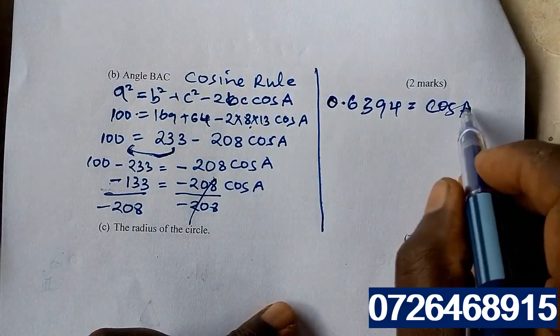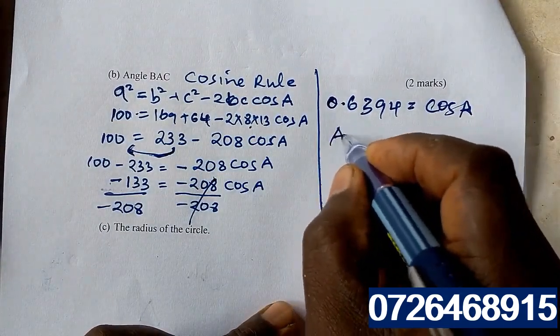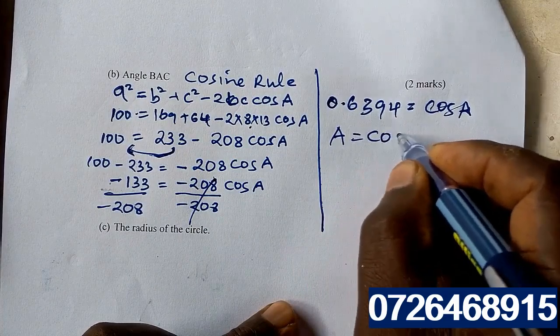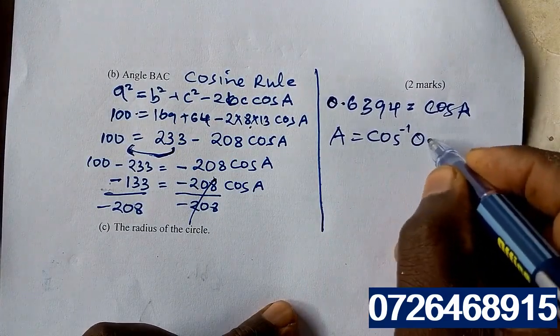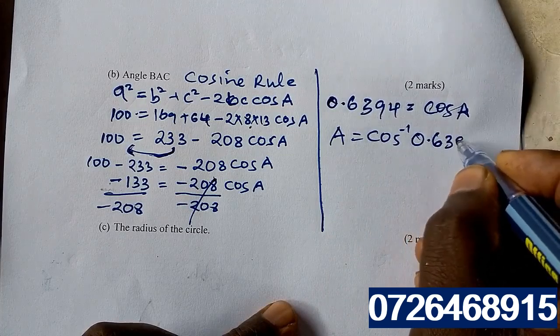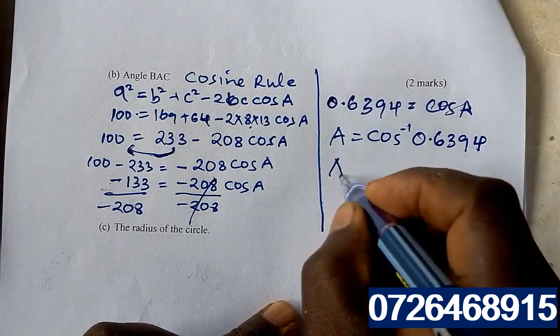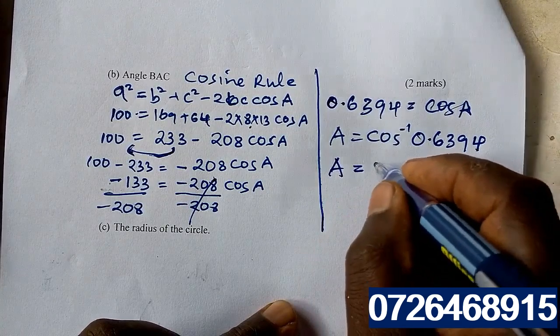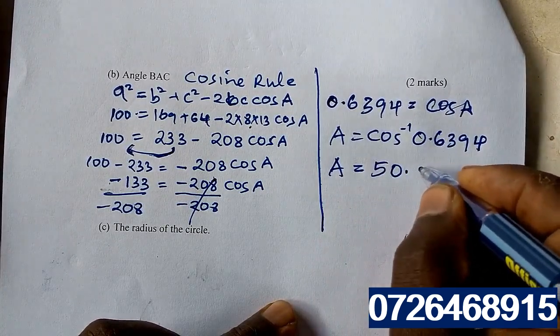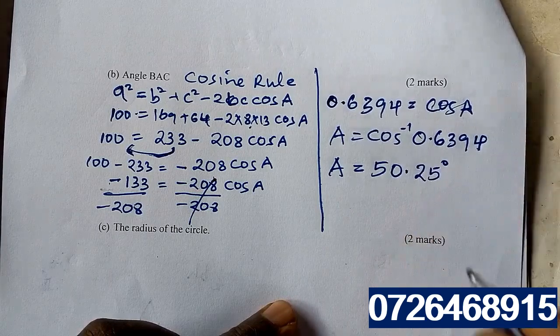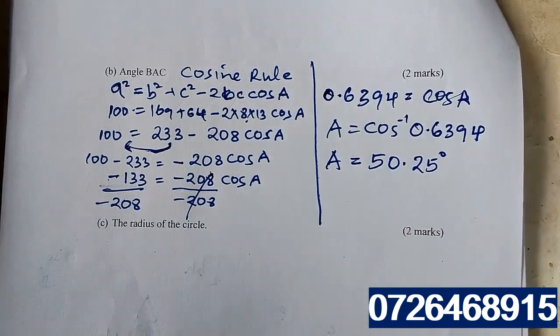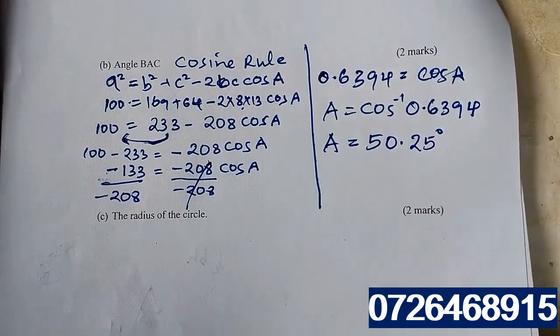So to get A, angle A is equal to cos inverse 0.6394. So A will give us 50.25 degrees. So we have found angle A like that.